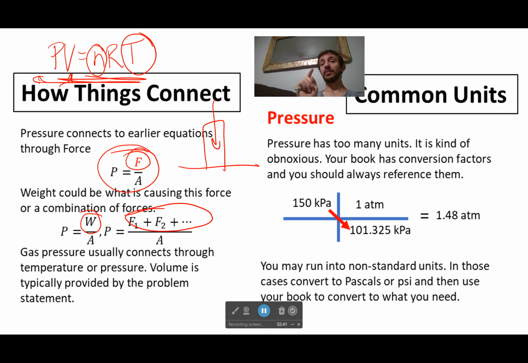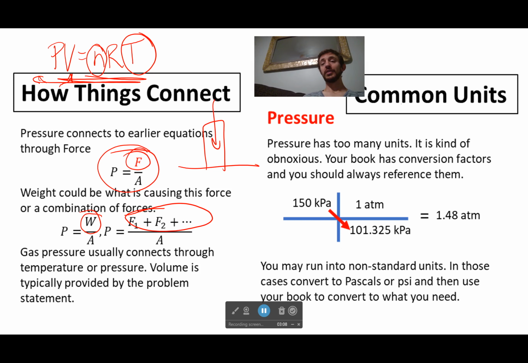That's 1,000 pascals, so 101,325 pascals in 1 atmosphere. A pascal is a very small unit of pressure, extremely small. That can help you. You'll see that sometimes in gauge pressure questions, which we don't really go over much in this chapter because it's not super important, but it's in your book, so reference it.